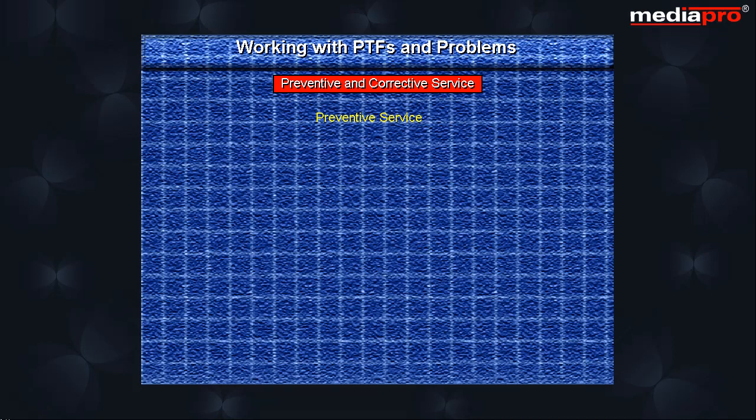Preventive Service is implemented through cumulative PTF packages and Preventive Service Planning, or PSP, information. A cumulative PTF package consists of the PTFs that affect the most system users that have been created since the last release of the licensed program.